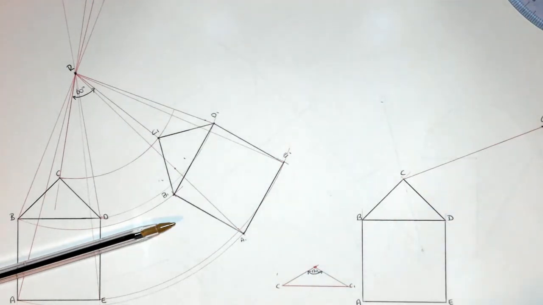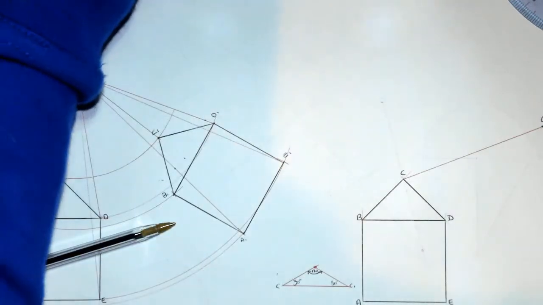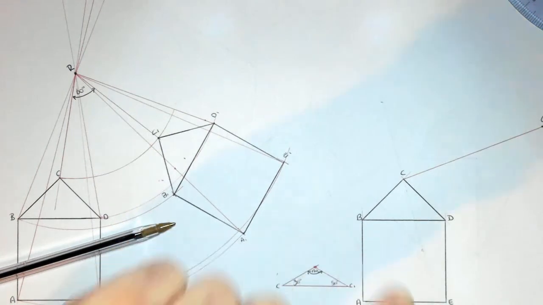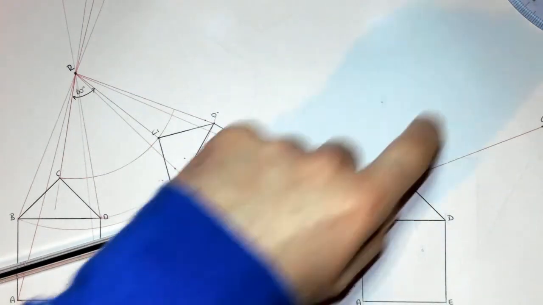So 180 take 120 is 60. That means the sum of these two angles is 60. It's 60 divided by 2. Therefore, these two angles are going to be 30 as well. So that's the principle we're going to apply there, and we're going to use that principle to find our rotation point, up here somewhere.